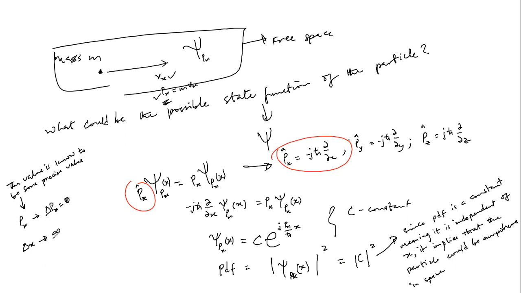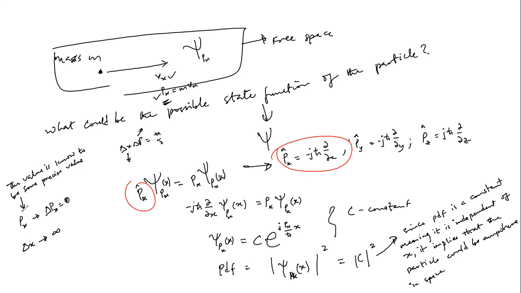Recall that the position and the momentum don't commute, isn't it? From our previous lecture. Since the uncertainty product is at least h cross over 2, the more we know about the momentum, the less we know about the position, and the more we know about the position, the less we know about the momentum.